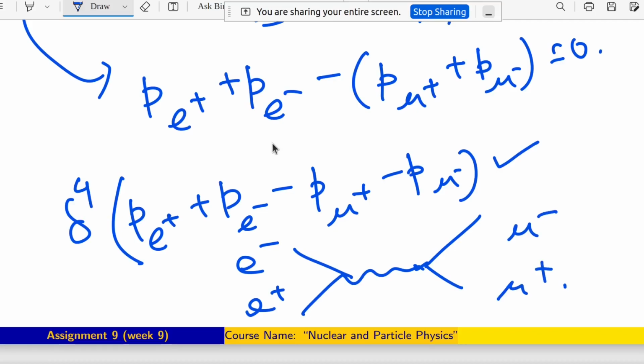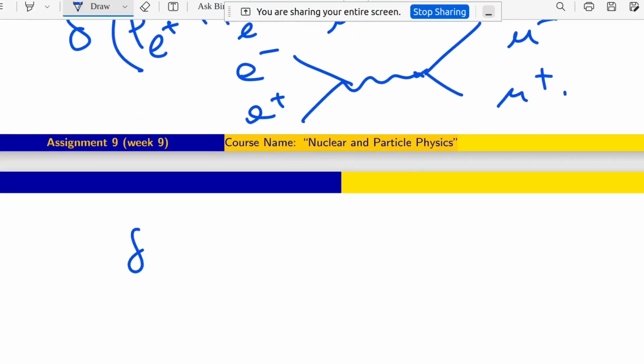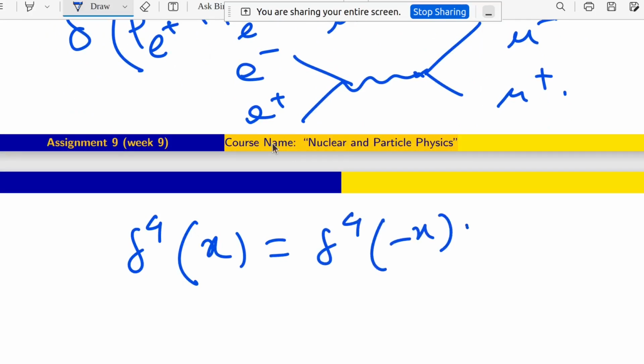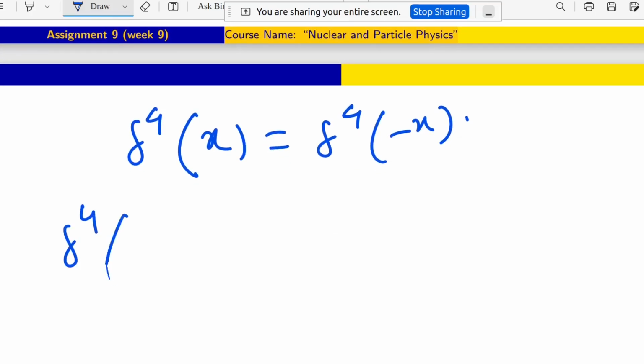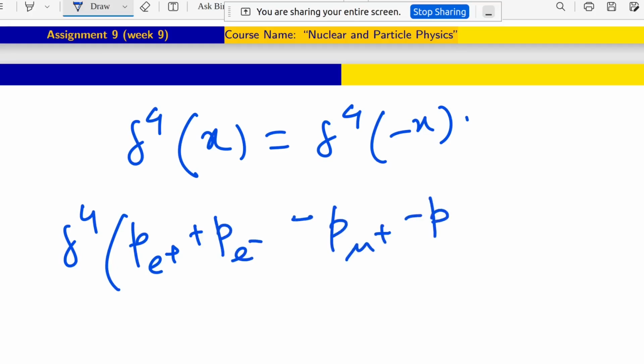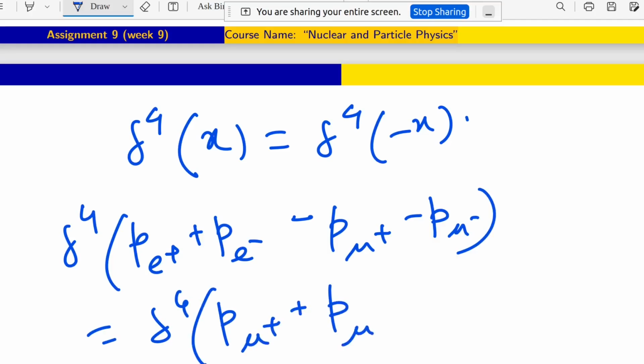Okay, now also there is one thing. Whatever we have written there, e+ e- minus μ+ μ-, I can also write as μ+ μ- minus Pe+ minus Pe-.